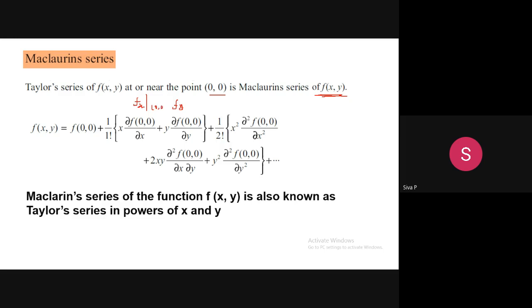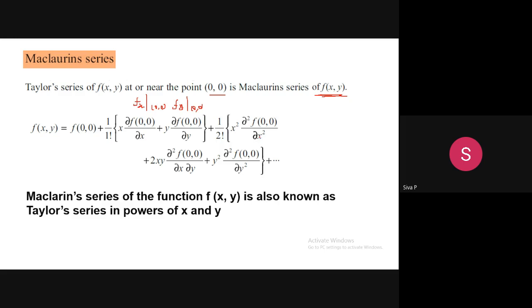That is the notation. Similarly here also you can write that. If you are simply writing dou f by dou x, no need to write the straight line and then 0 comma 0. Just if you are writing dou f by dou x at 0 comma 0, you write like this. Only dou f by dou x means fx. Dou f by dou y is fy.